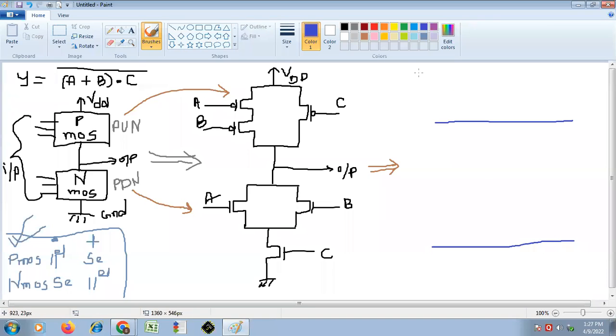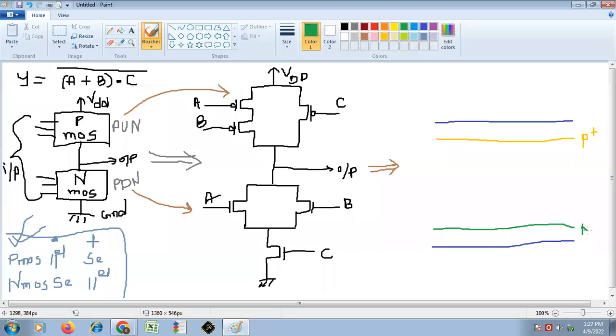Then by which color do we represent the P diffusion? Obviously yellow, it is P diffusion. By which color do we represent the N diffusion?